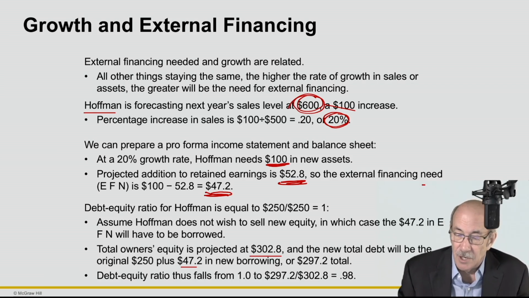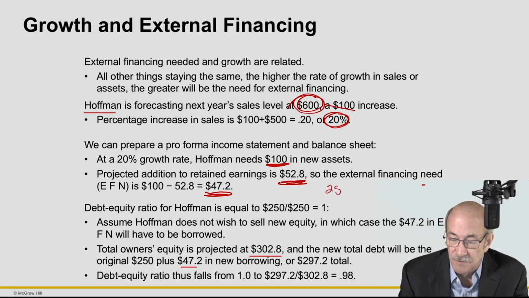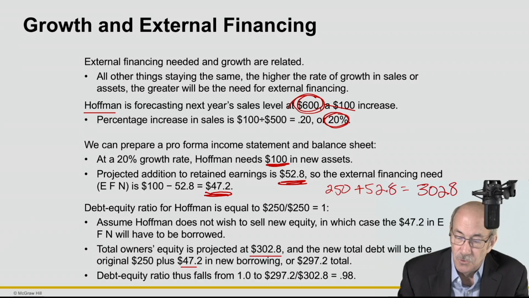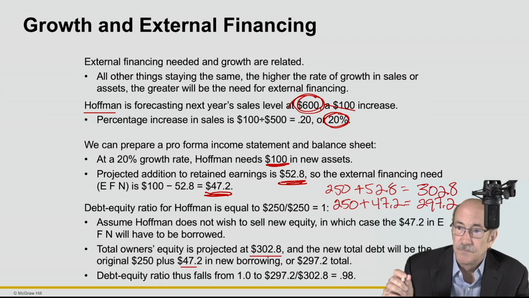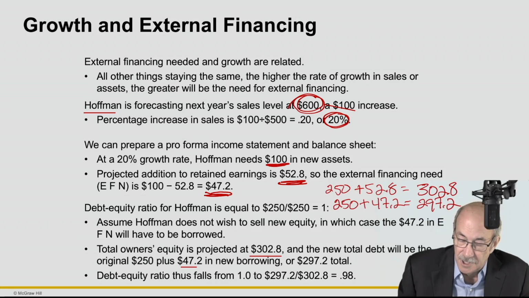So our new equity balance is going to be the 250 plus 52.8, which gives us 302.8. Our new debt is going to be 250 plus 47.2, or 297.2, right? And that's illustrated down here as well.